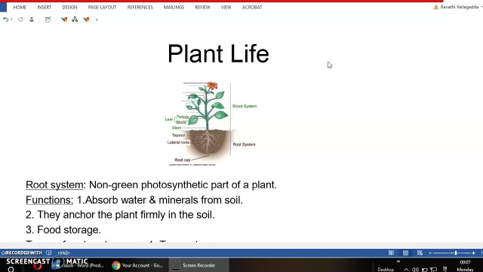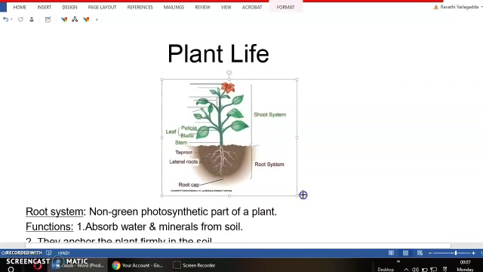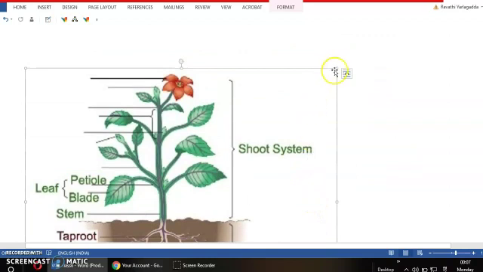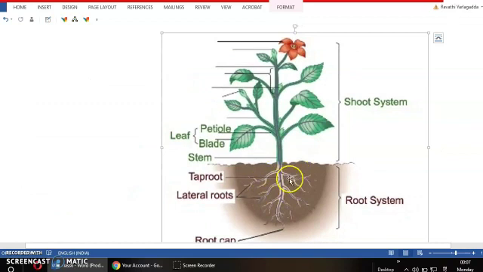If we see the structure of the plants, all plants have two main parts. One is called the root system and the second one is called the shoot system. The root system, as we have already studied, lies below the ground in the soil, whereas the shoot system is the part of the plant which is present aerially.